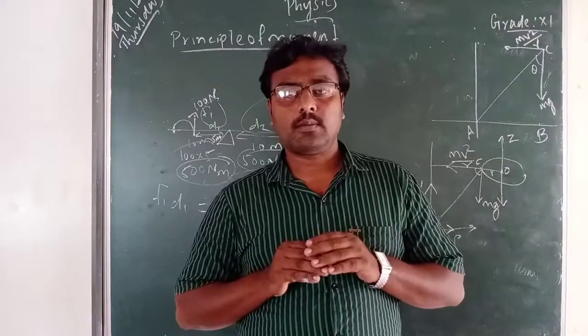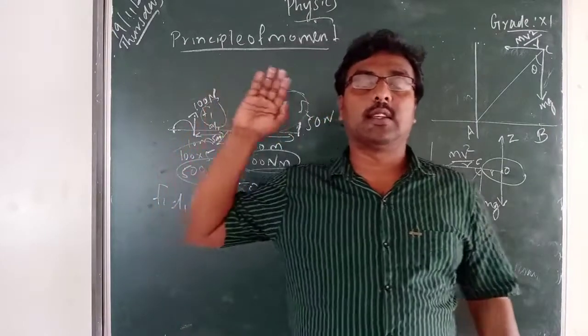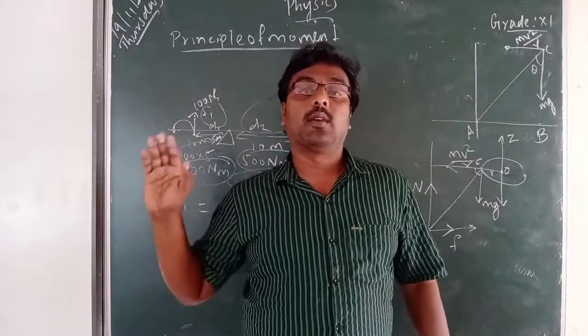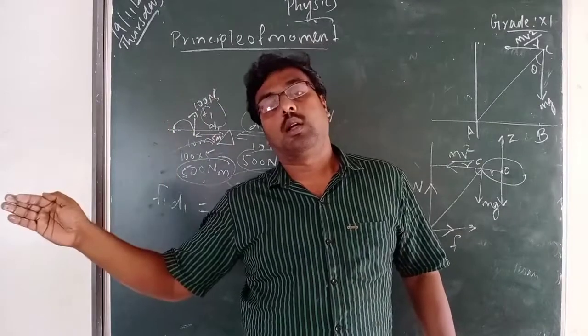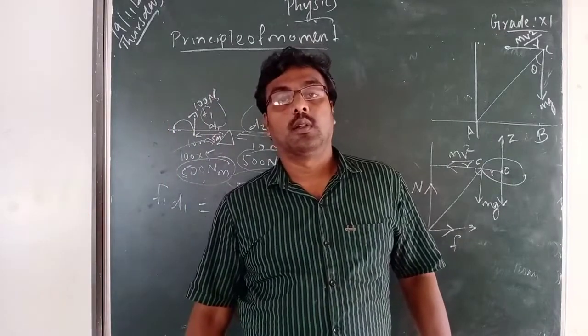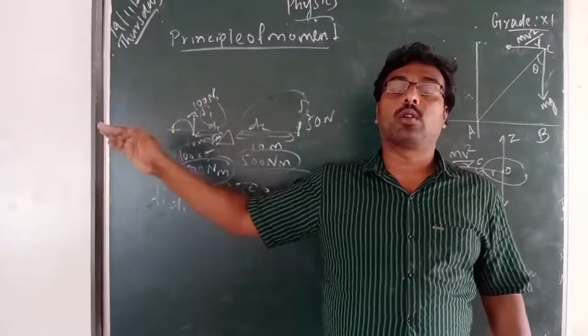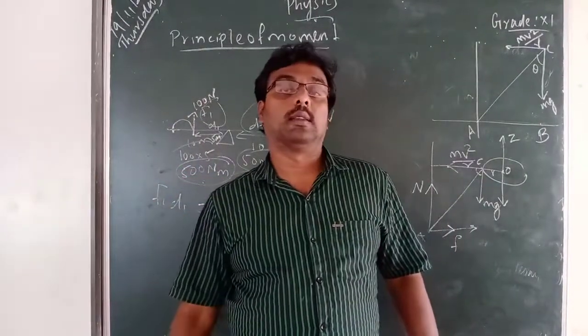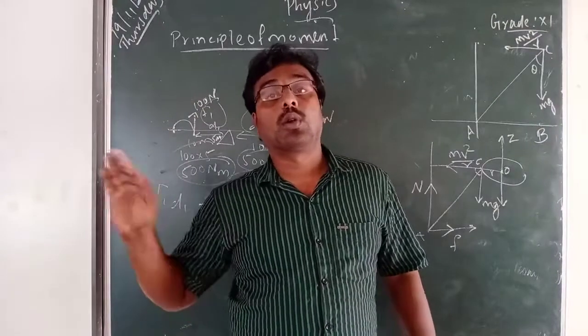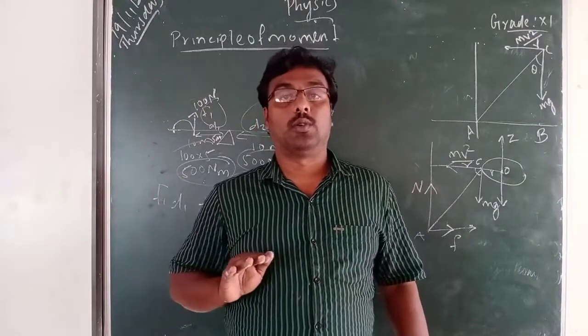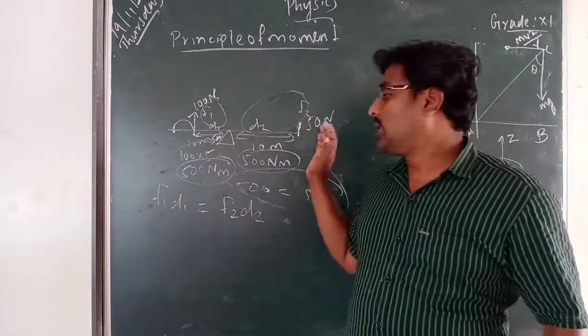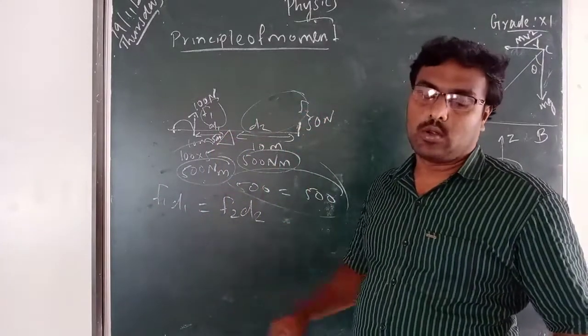The moment in one direction should be equal to the moment in the other direction. The torque produced on one side will be equal to the torque on the other side. So the net torque will be 0. That is the principle of moment, F1 D1 is equal to F2 D2.